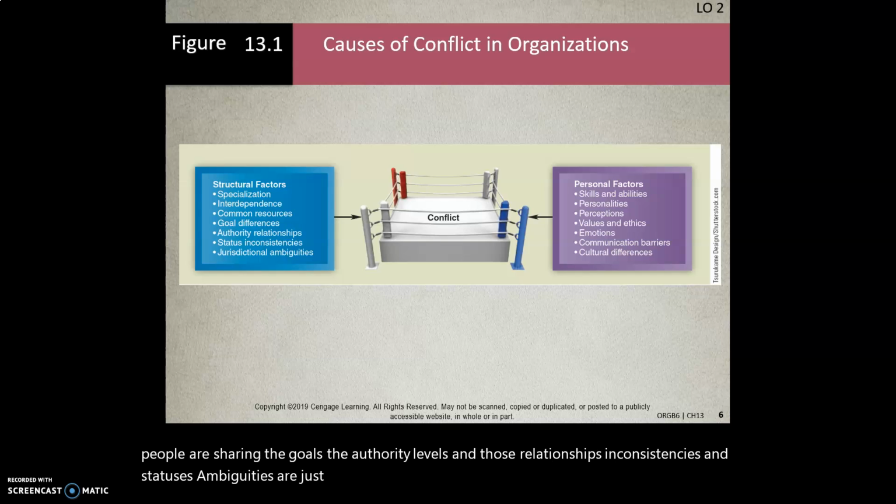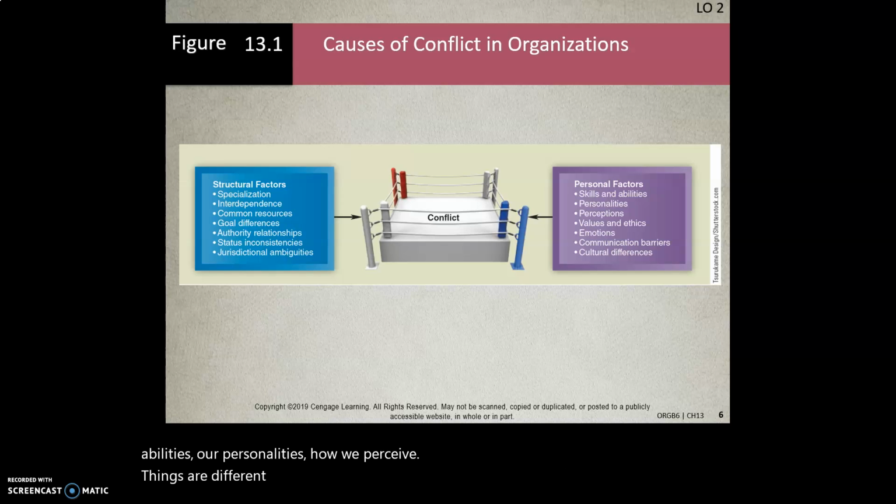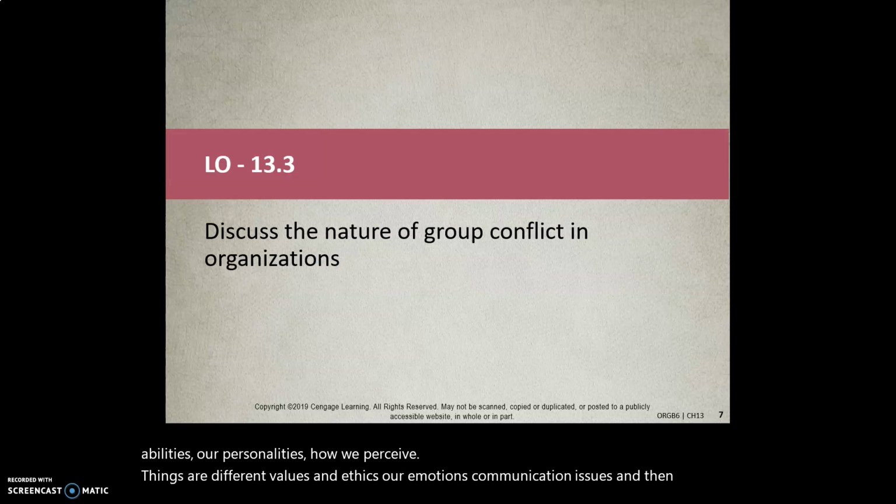And then there are personal factors such as skills and abilities, our personalities, how we perceive things, our different values and ethics, our emotions, communication issues, and then cultural differences.